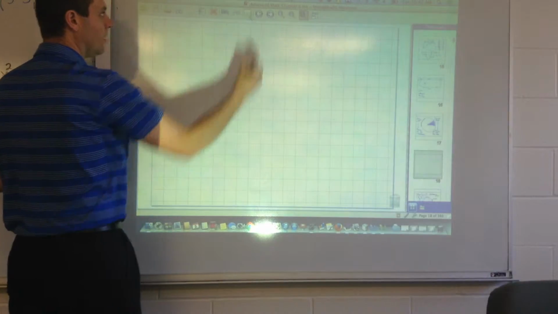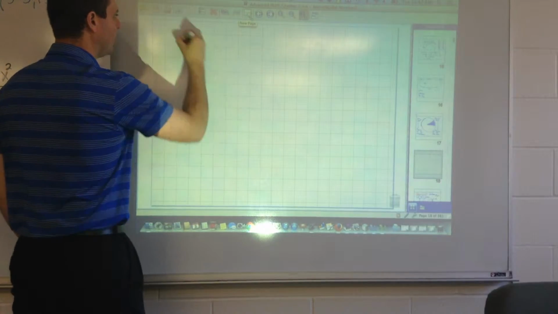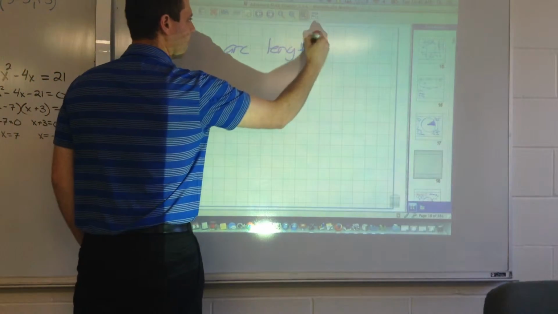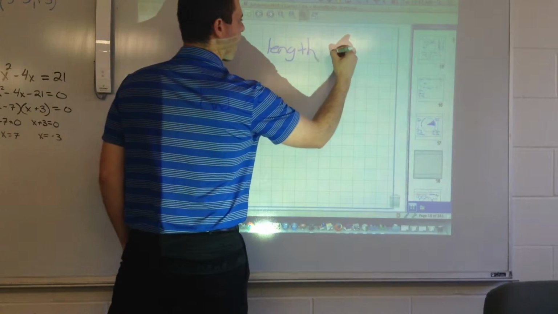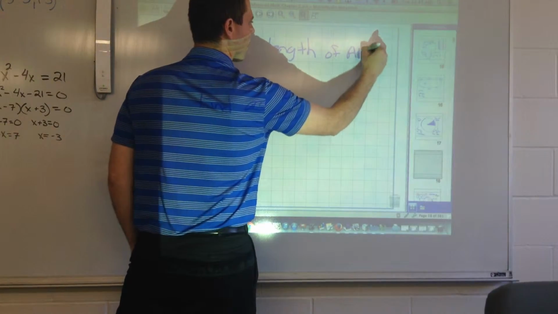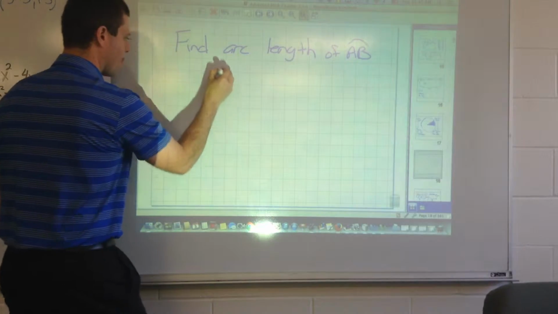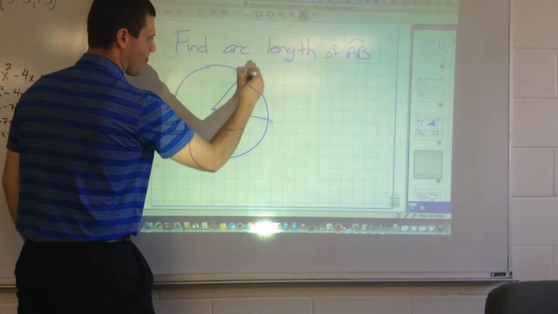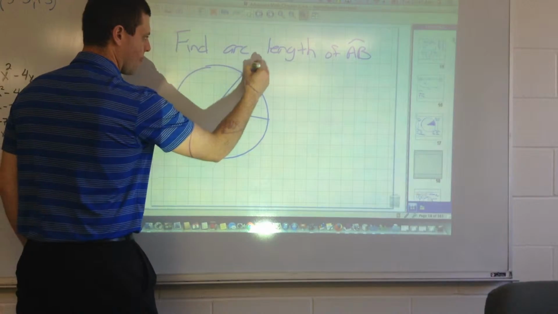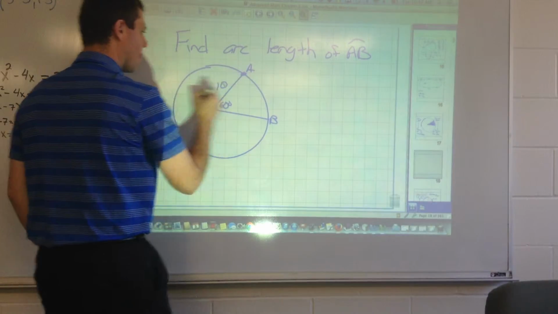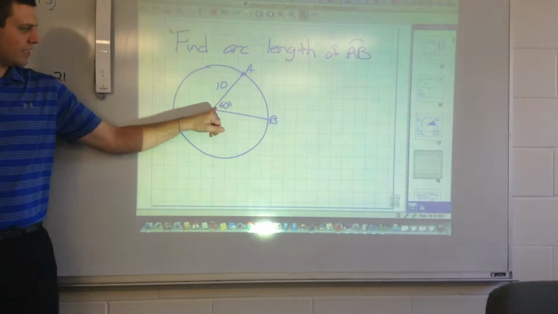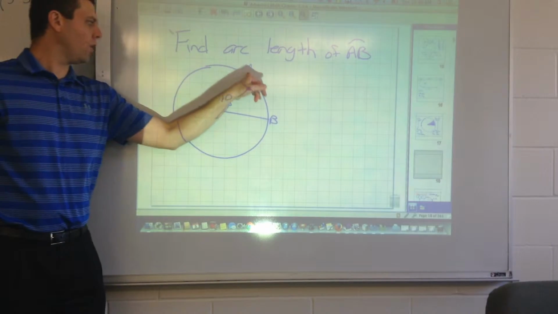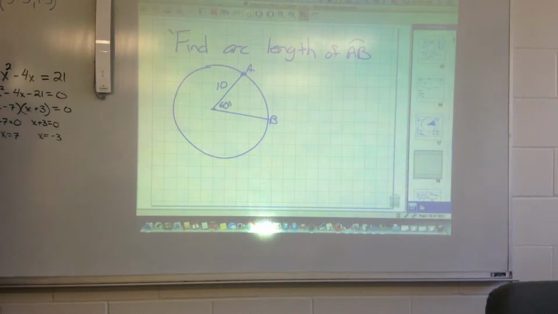So, I'll give you an example of a problem here. Let's find an arc length of AB. Let's say it has a central angle of 60 degrees, the radius is 10, and I want to know how long that arc right there is.